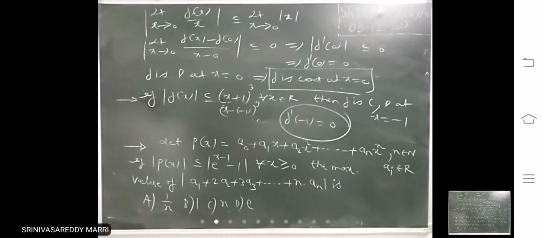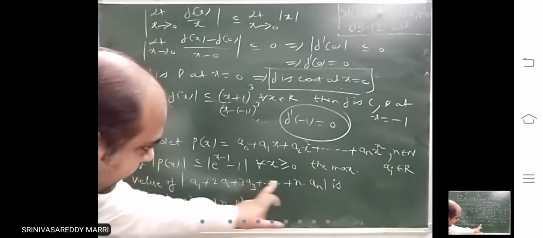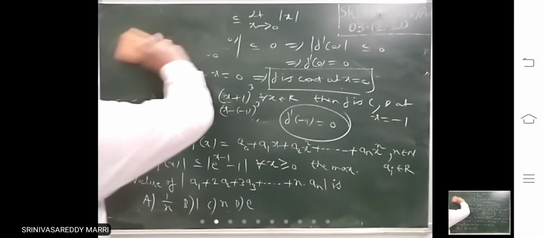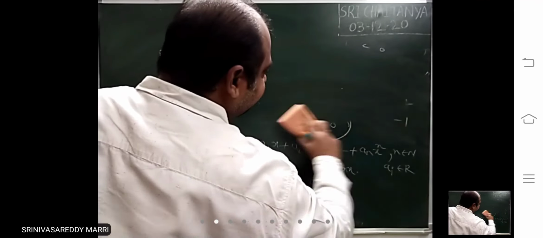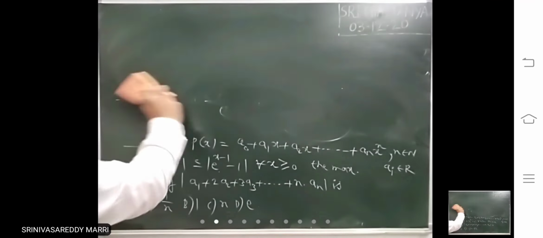Look at this model. P(x) is a polynomial, and he has given that it satisfies this inequality. Then what is the maximum value of this? If you identify this, it is related to the derivative.